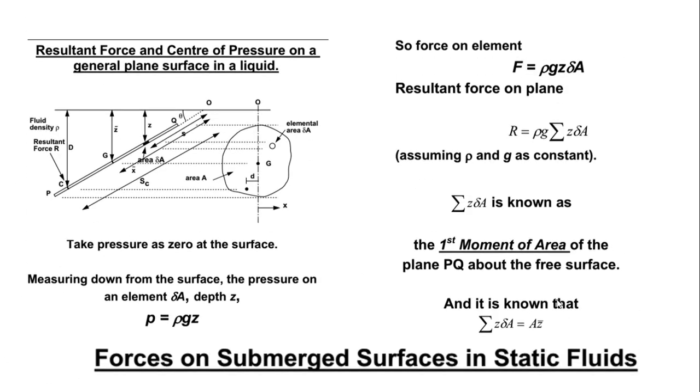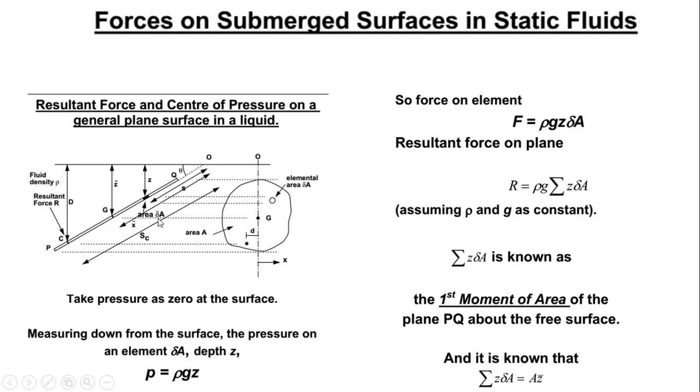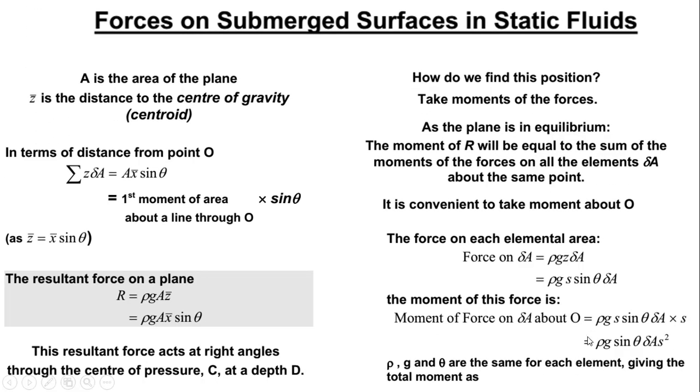So if you come back to this diagram, our S is this distance from here to this point of G. That's where the S is that we are looking at. So we are going to say rho G S sine theta multiplied by delta A. For us now to calculate the moment, we multiply by S as well. So the moment of the force about O will be rho g sine theta delta A S squared.